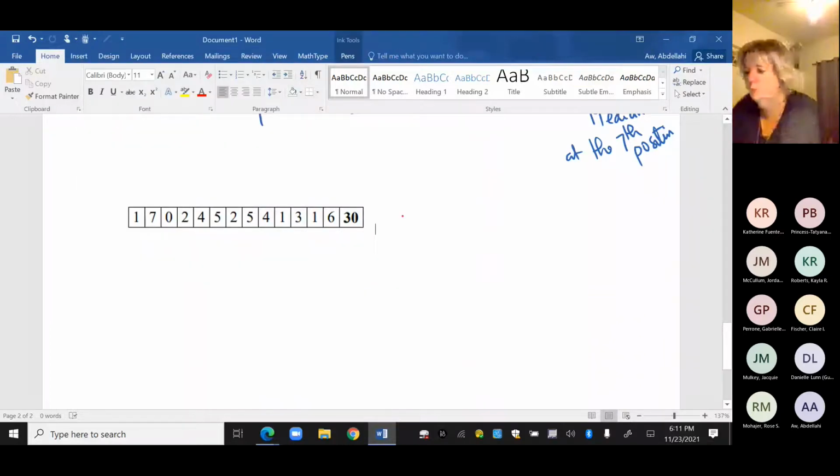So now find the median. What do you do? Find the median. We do the same thing: we reorder them.